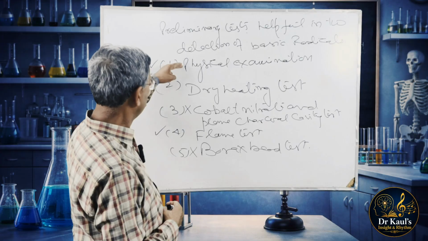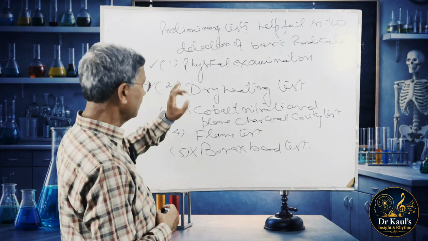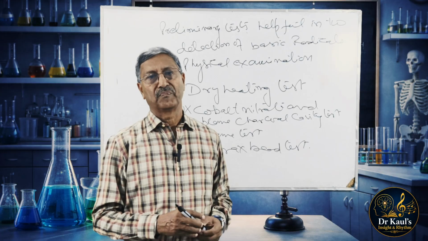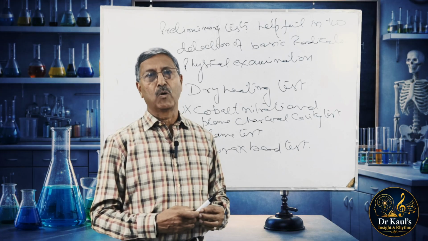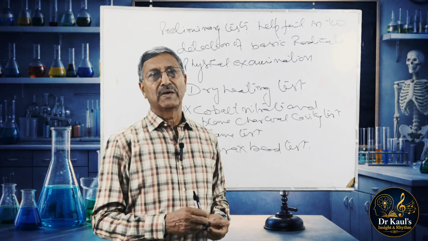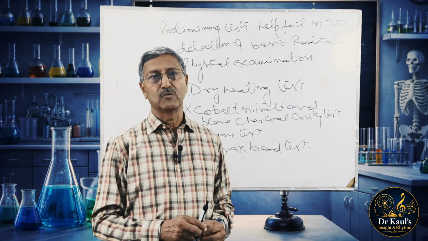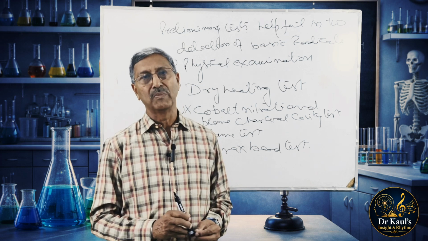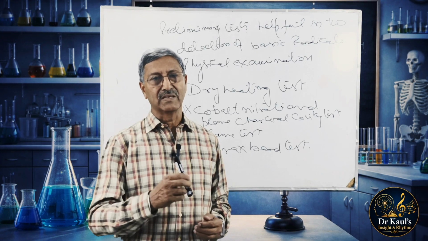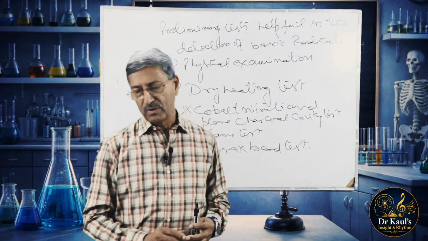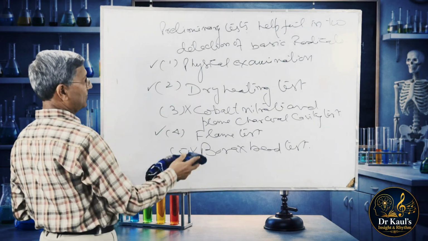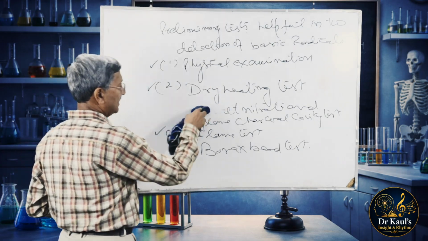So basically physical examination, dry heating test and flame test will be discussed here. Flame test is performed with the help of a platinum wire. All of you know that platinum is very costly and platinum wire is also not available in pure form. However, we have some alternatives, and I'll be discussing those when we discuss the flame test. So I repeat that primarily we'll be doing physical examination and dry heating test and then flame test.